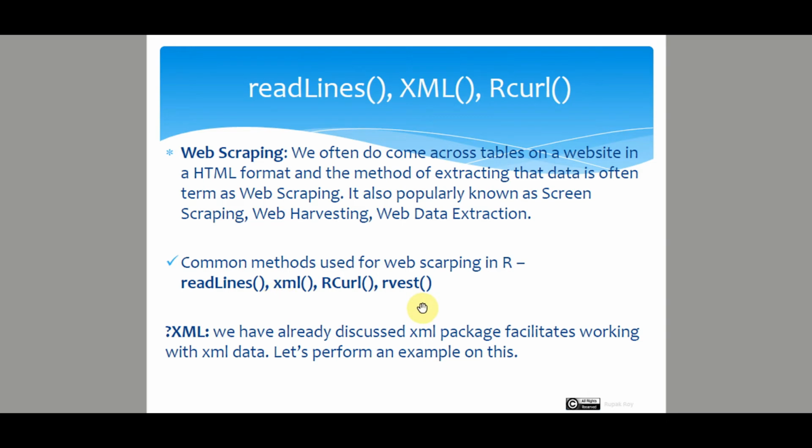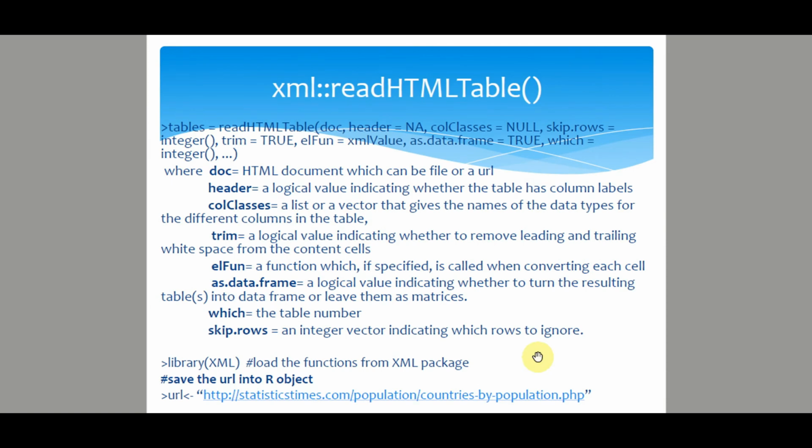We have already discussed the XML package, which facilitates working with XML data. So let's perform an example where we'll use the readHTMLTable from the XML package to read a table from the website. But before that, let's get familiar with the parameters of the readHTMLTable function. We have doc, that is the HTML document, either a file or a URL.